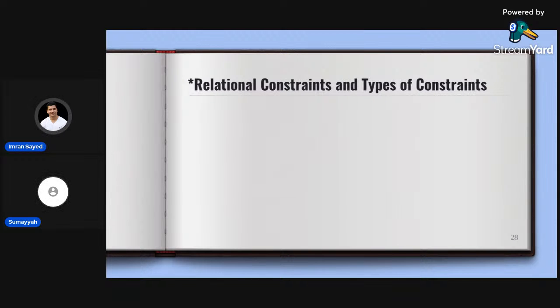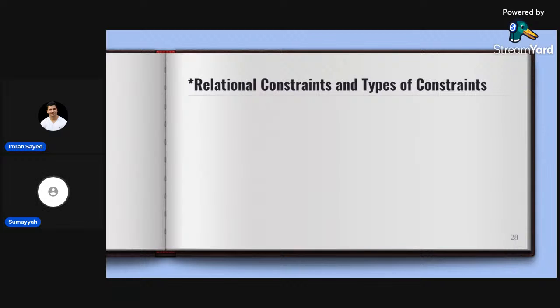So we put limitations or restrictions on the data to ensure it is consistent and it is not repeated, to maintain integrity. What are the types of constraints?